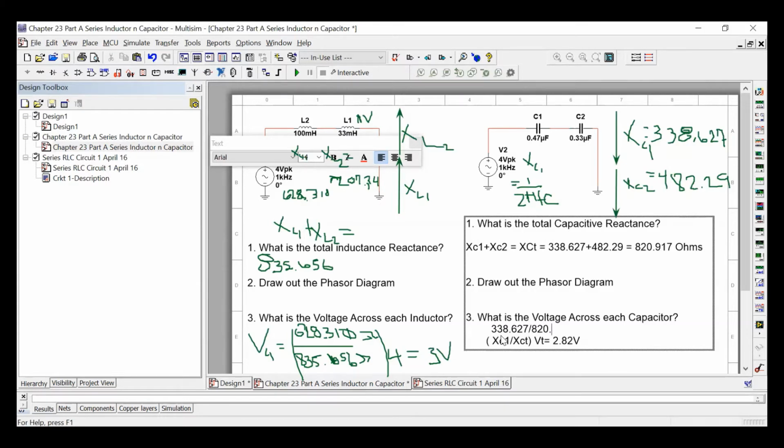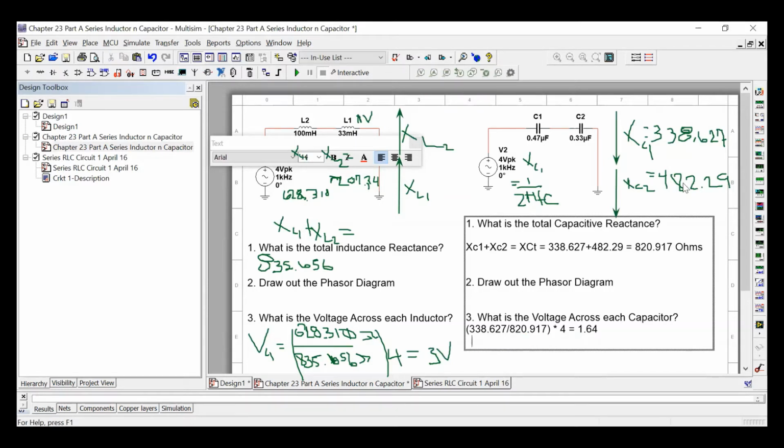I got 1.64. I got the same. 1.64. Yep. Thank you. And 1.64 volts. Okay, let's see if that makes sense now.